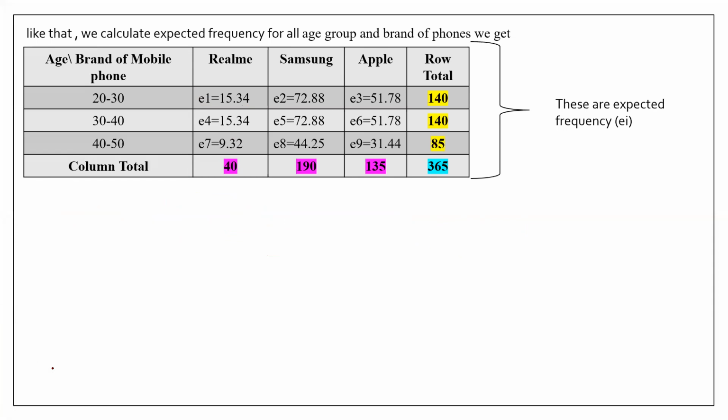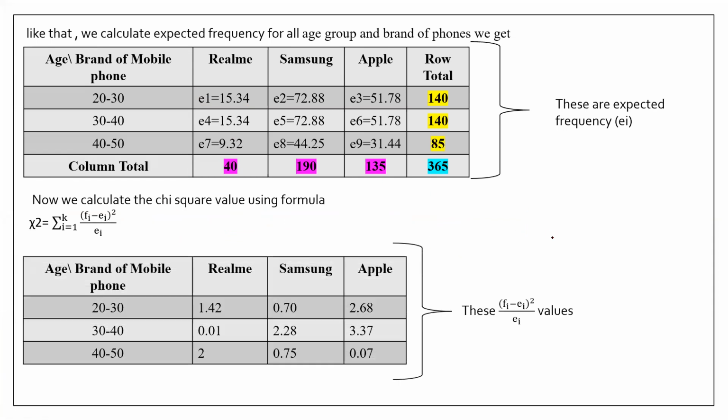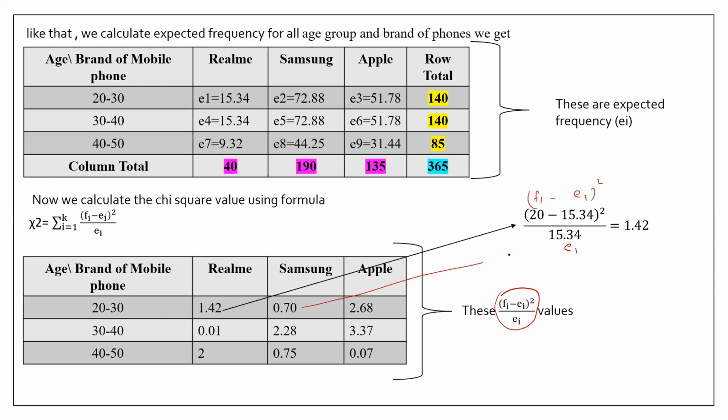To simplify the calculation, I have calculated this particular value in tabular form. This value is nothing but (F1 minus E1) whole square divided by E1. For this one it will be (F2 minus E2) whole square divided by E2. Like that, I have calculated and written all the values.